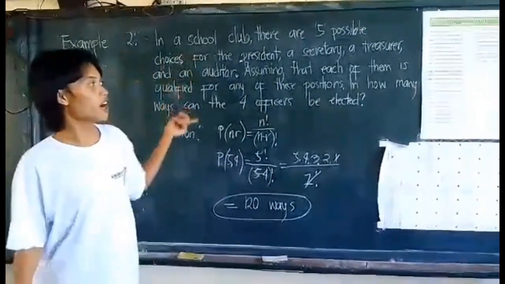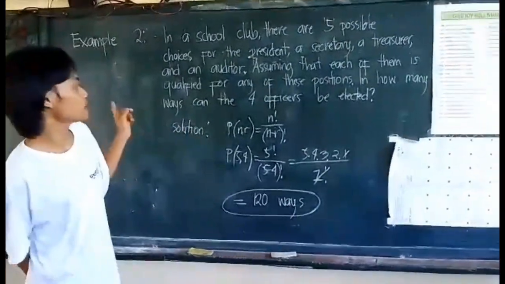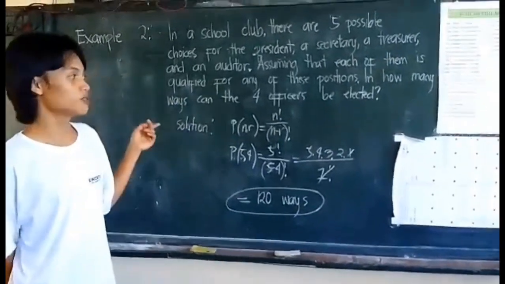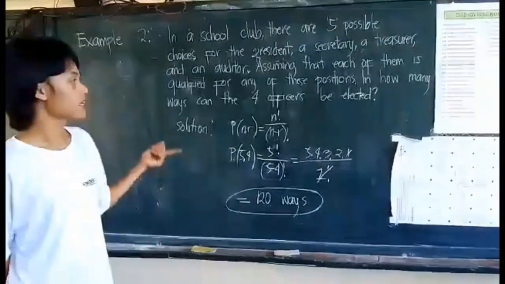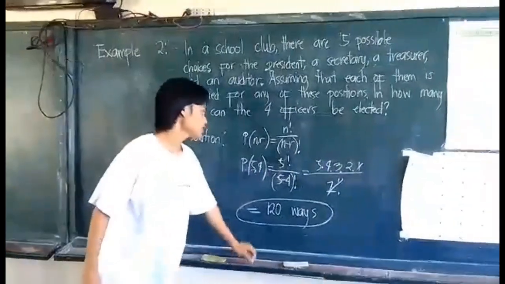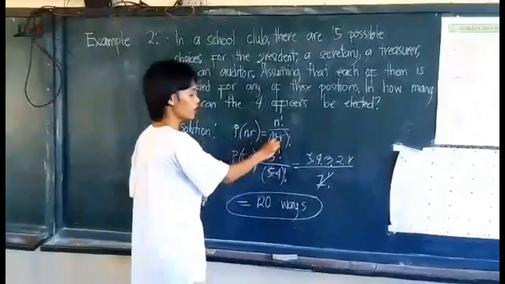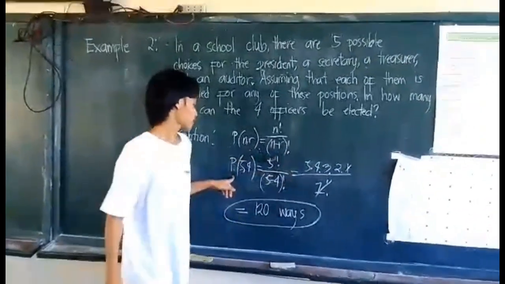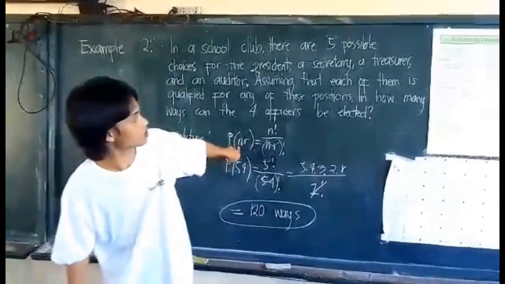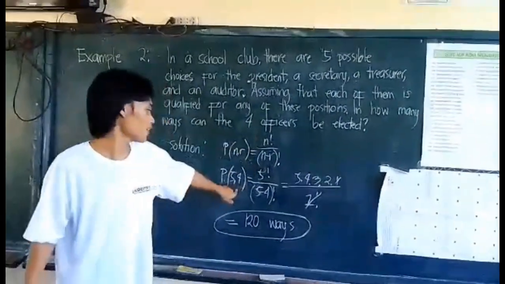In a school club, there are 5 possible choices for the president, secretary, treasurer, and auditor. Assuming that each of them is qualified for any of these positions, in how many ways can the 4 officers be elected? So the formula is P(n,r) equals n factorial over n minus r factorial. n is equivalent to 5 and r is equivalent to 4.